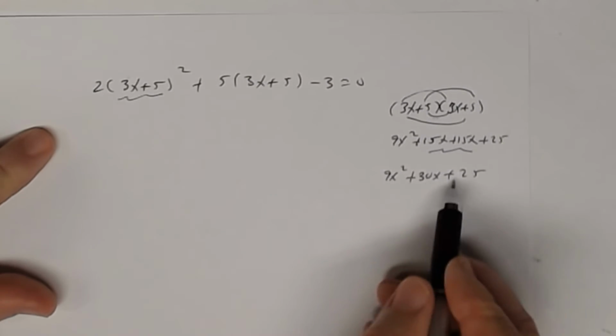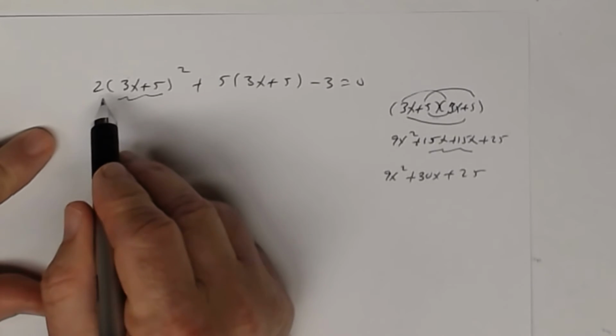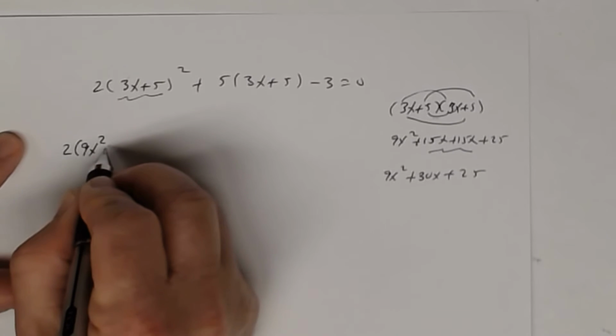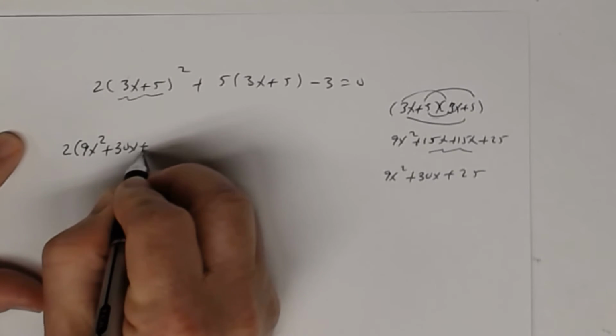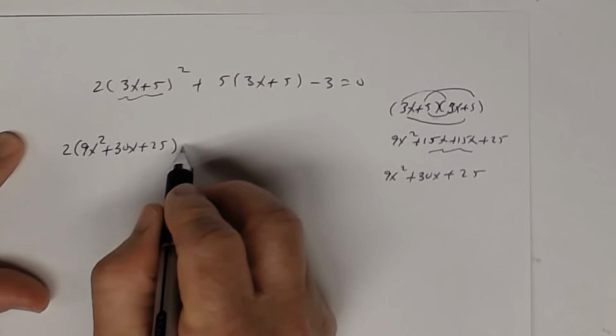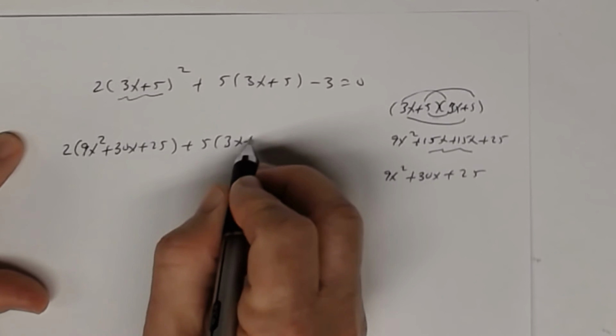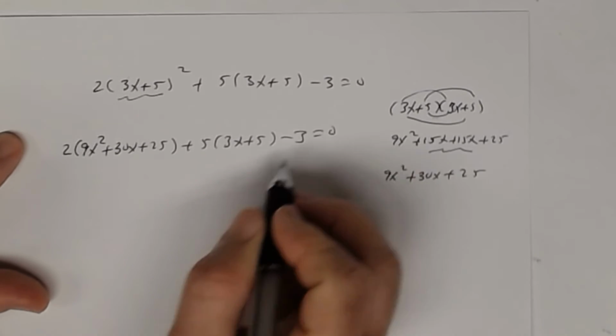All of this, that's this right here, has to be multiplied by 2. So I say 2 times 9x squared plus 30x plus 25, and then plus, I'm just going to rewrite everything over, 5 times 3x plus 5, minus 3 equals 0.